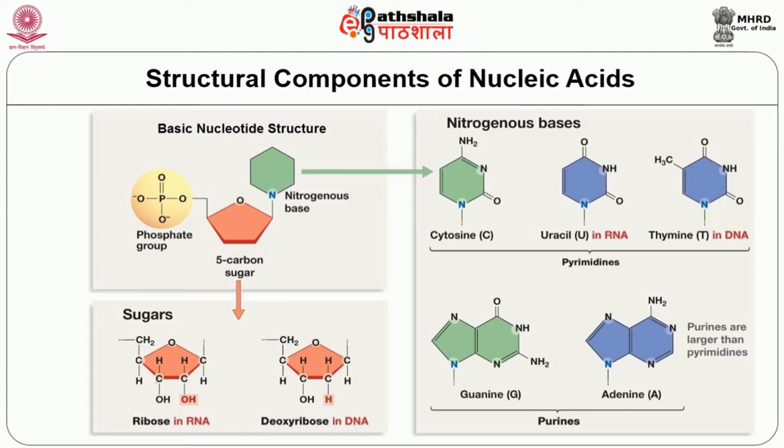It is thymine in DNA and uracil in RNA, denoted by capital T and capital U respectively. Very rarely, thymine occurs in RNA and uracil in DNA as well.